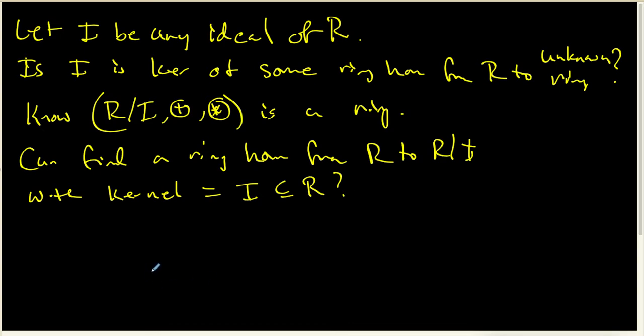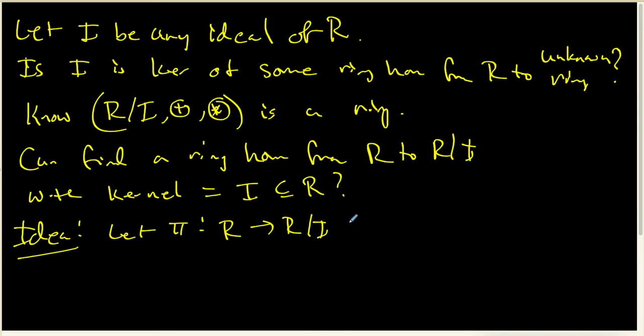Now, I don't want to work very hard, so I want to kind of think about this. Here's my idea. I'm going to let pi be a function from R to R mod I defined by the most obvious thing in the world. Pi of r is just going to be the coset that has representative r.